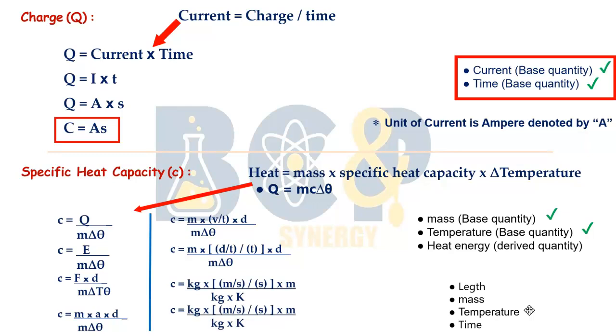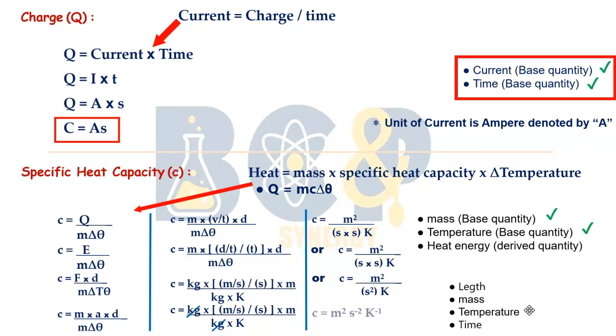While on simplifying, the base units of specific heat capacity will be equal to meter square divided by second square into Kelvin, or meter square per second square per Kelvin. These are the base units of specific heat capacity.